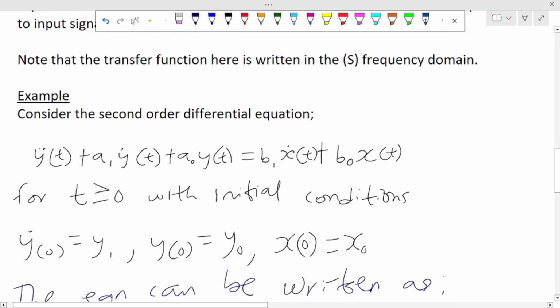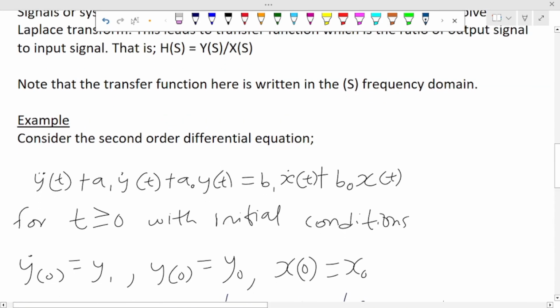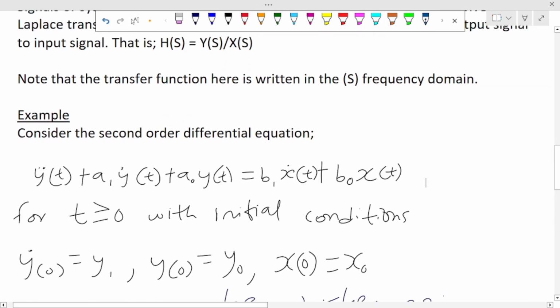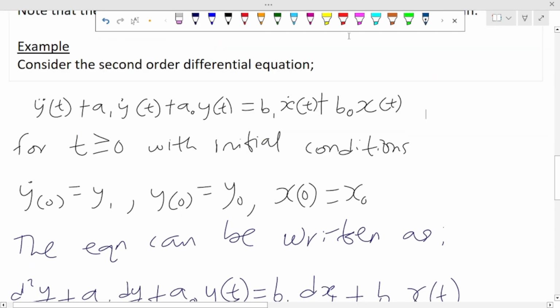We take the Laplace transform of this equation, to the S domain, so that you can use simple algebraic methods to simplify and get what Y of S is. And then when we have Y of S simplified, we can take the Laplace inverse, that is, return from the S domain to the time domain. I think I said something like this in the previous video. Yeah, I did. Alright, so let's go.